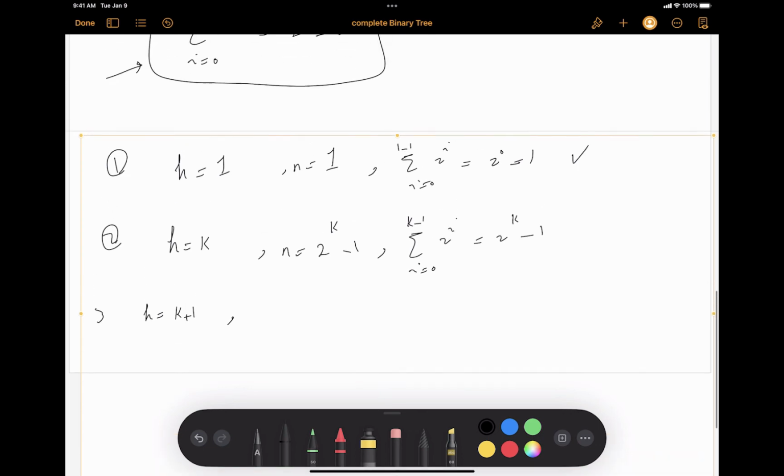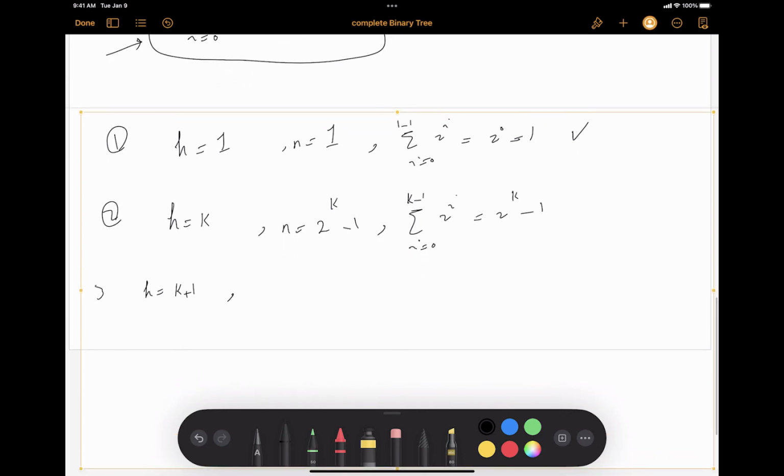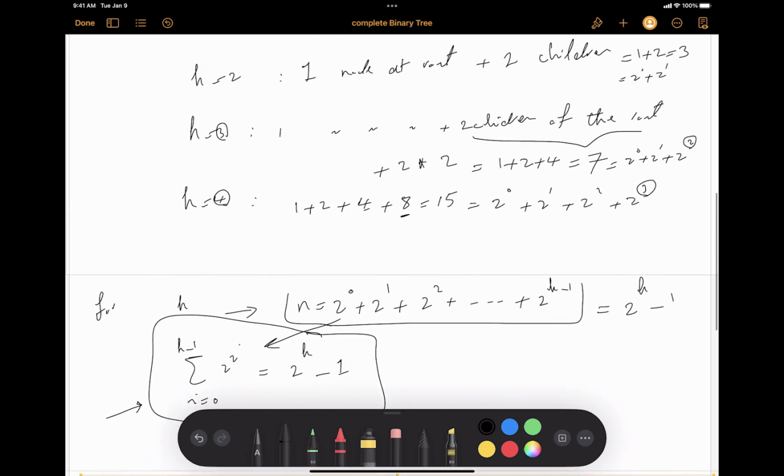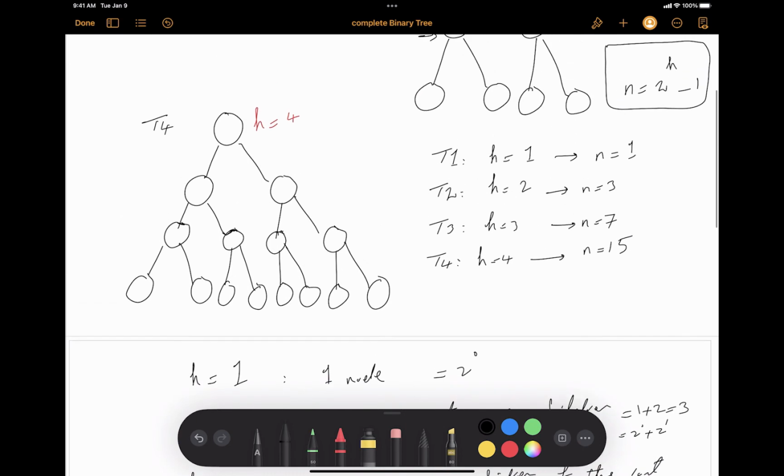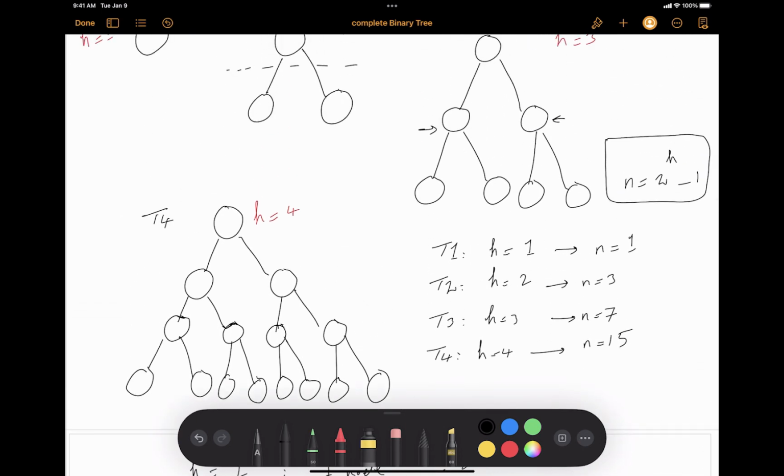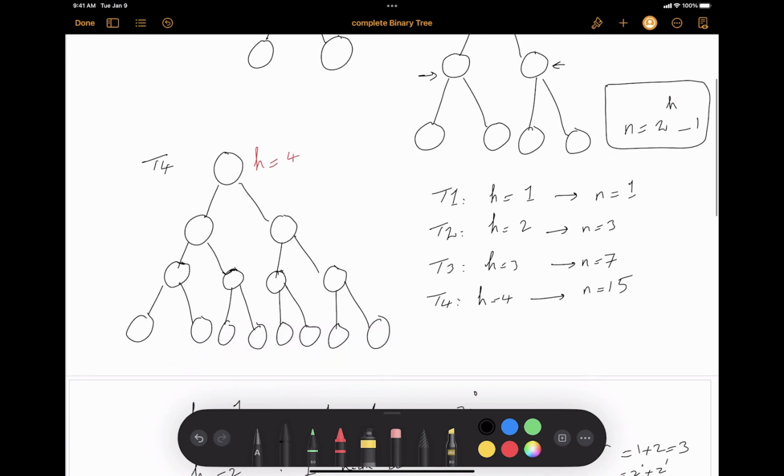So let's see what's going to be the number of nodes in a complete binary tree of height k plus 1. We learned that when we are adding another level to a complete binary tree, the number of nodes is increased by double the number of nodes that we have in the very last level of the tree.